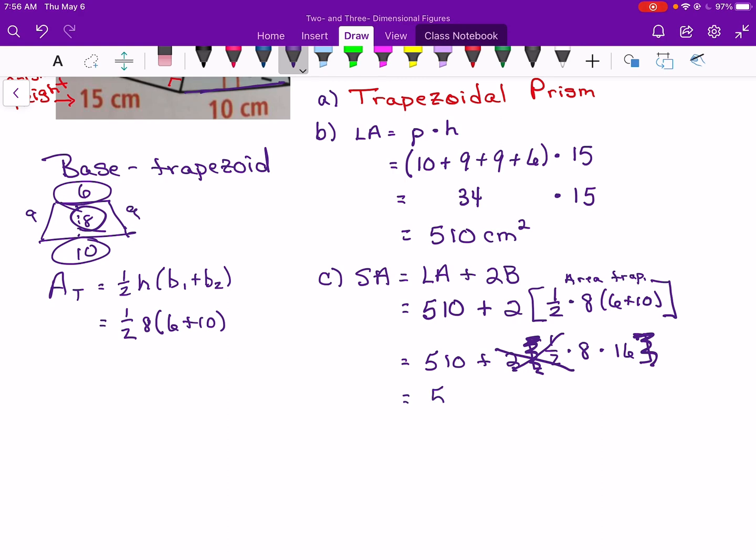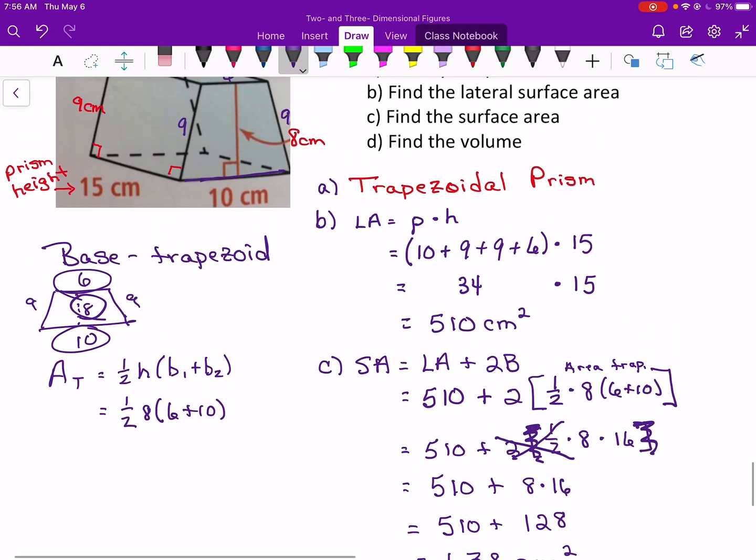So what I really have is 510 plus 8 times 16. 8 times 16 is 128. And if you add the 510 to that, we get 638 centimeters squared. And that is our surface area.